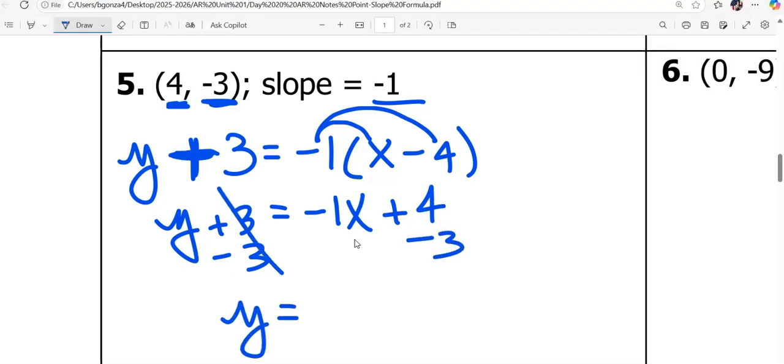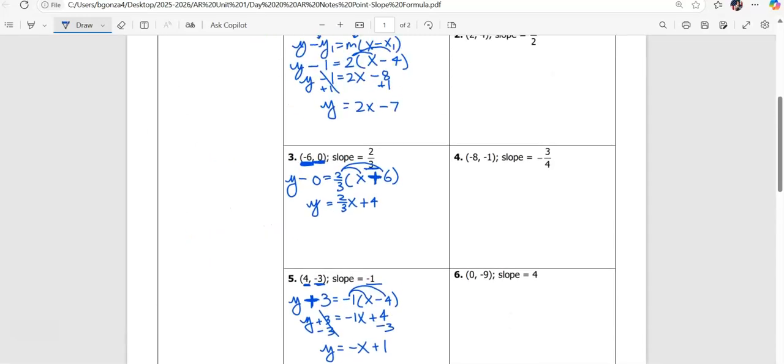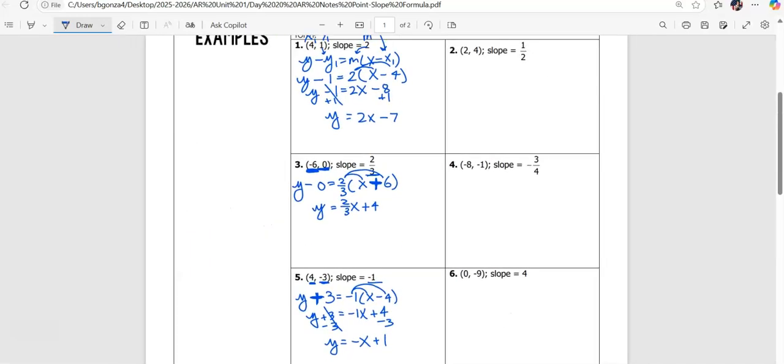Y equals, now -1x, do y'all remember invisible math that's covered up? It's just negative sign x, okay? Usually you don't write that 1 if it's just a 1. So -x, and then 4 minus 3 is +1. That is how you do this.